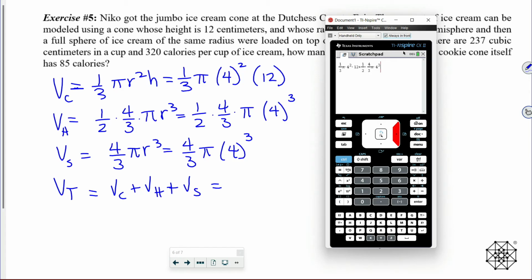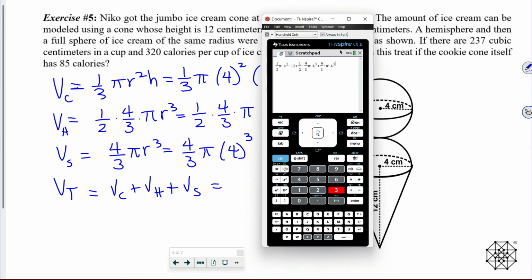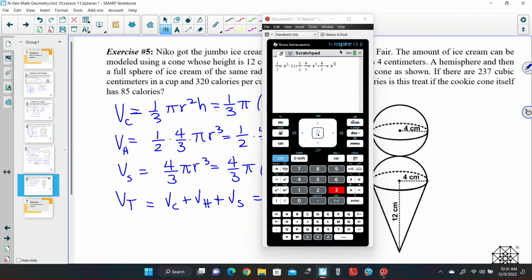Okay, so now I've got 1/2 times 4/3 pi r cubed, plus now, finally the volume of my sphere, that's going to be, whoops, one more time, that's going to be 4/3 times pi times 4 to the third. Again, I look at it all, good, all well. Let me escape here and have you look at this on the bigger screen.